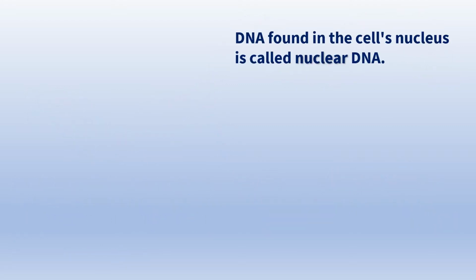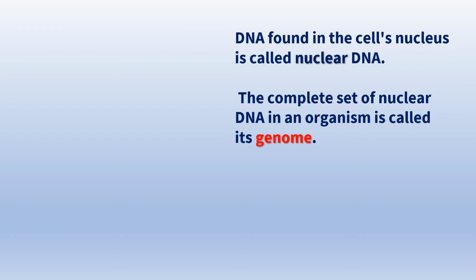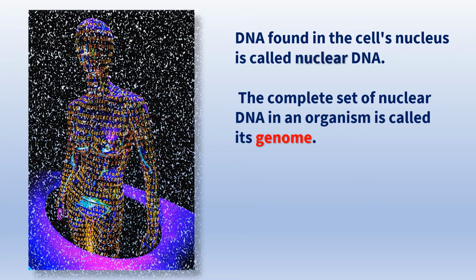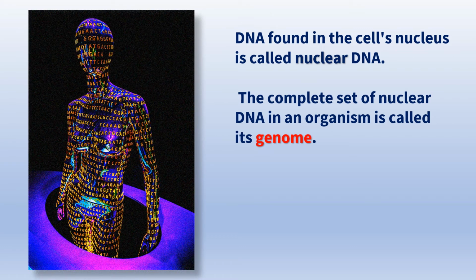When DNA is present in the nucleus of the cell, it is called nuclear DNA, and the complete set of all nuclear DNA in any organism is called its genome. So the genome of the human being is in this picture here.